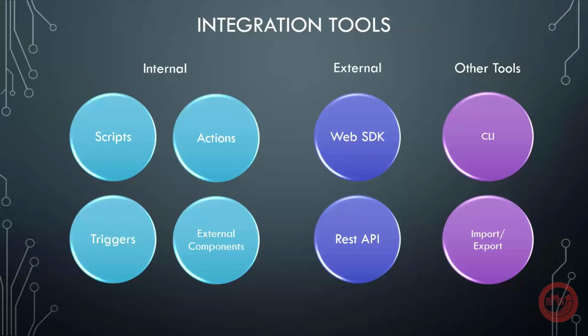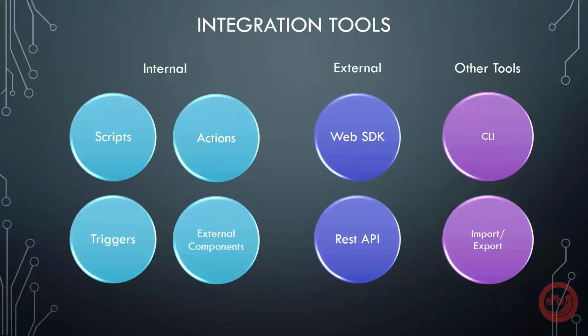Four tools. We talked about actions, triggers, and external components in SDK and STP in the data extension components earlier. So the theoretical part is the same thing, but these are just the names of the tools that are available in Content Hub. But scripts is the new one here.